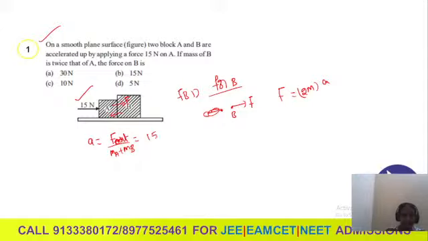So it is 50 by (2m plus m), it will be 3m. So 3 5s are 15... 5 by m, substitute here 2m into 5 by m, m cancels. So the force on B is 10 newtons.